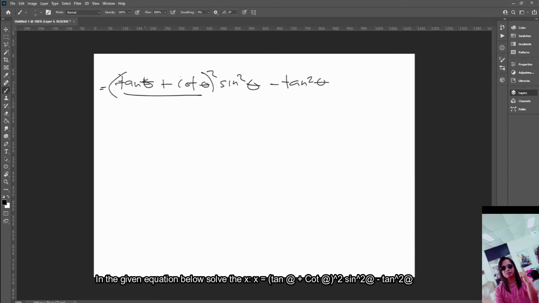We can represent this in a different expression where in fact they are just the same value, or when you solve it, they will result in the same answer.